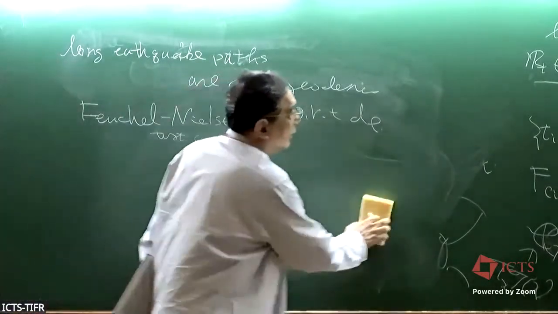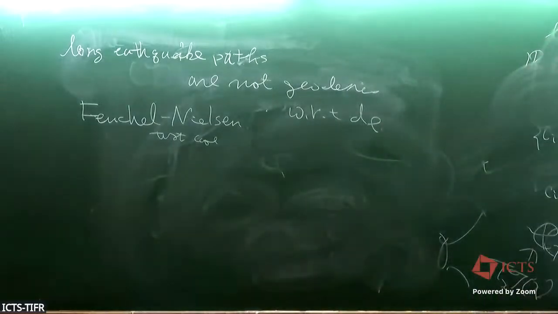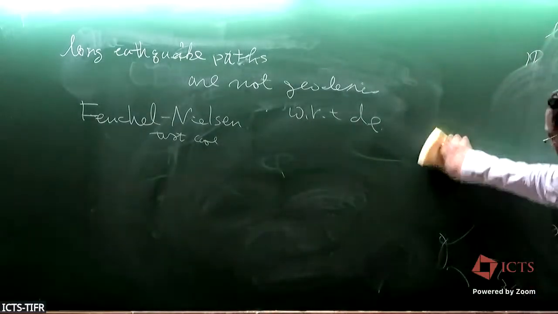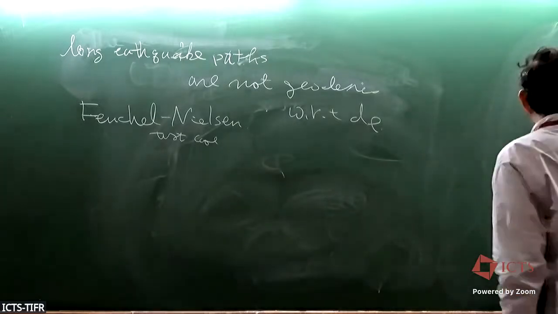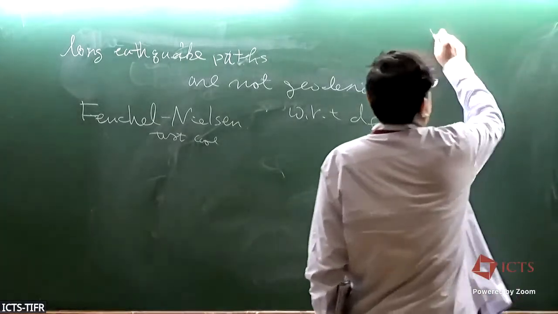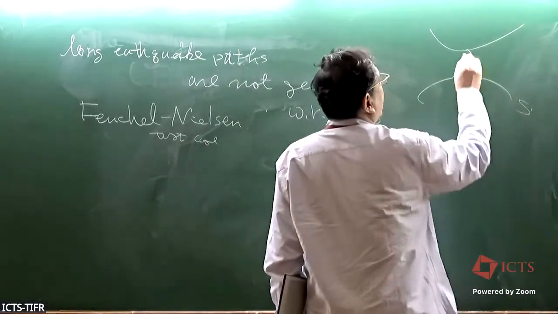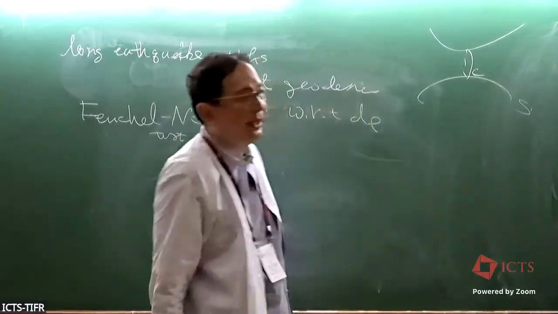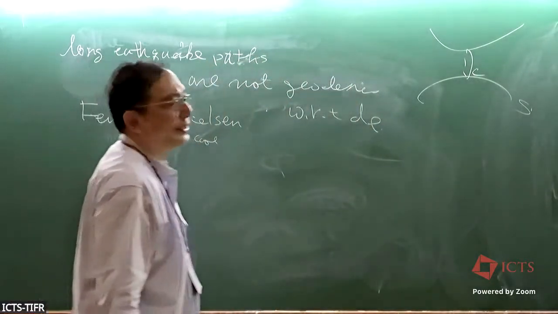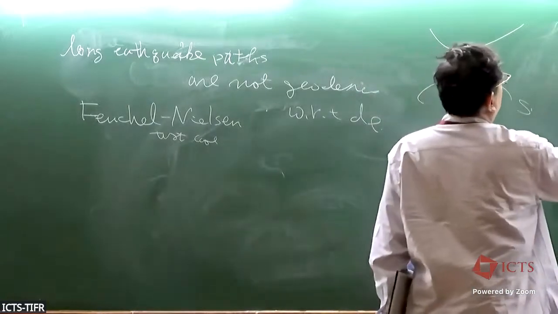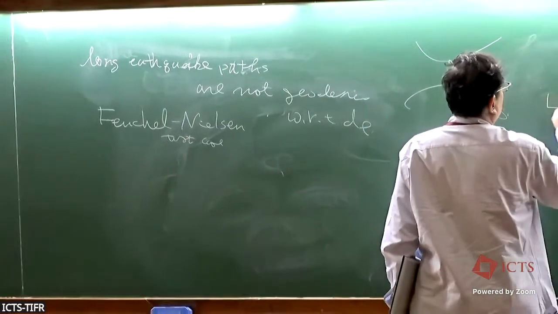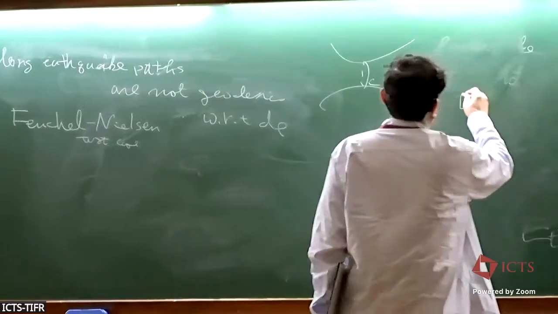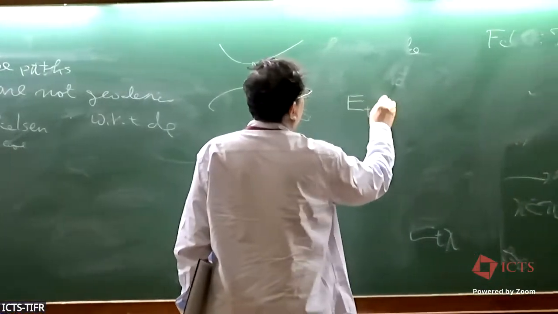So you start from, for instance, a surface S and a simple closed geodesic C, and you consider a Fenchel-Nielsen twist. If you use the same symbol as the earthquake, that should be T_C.